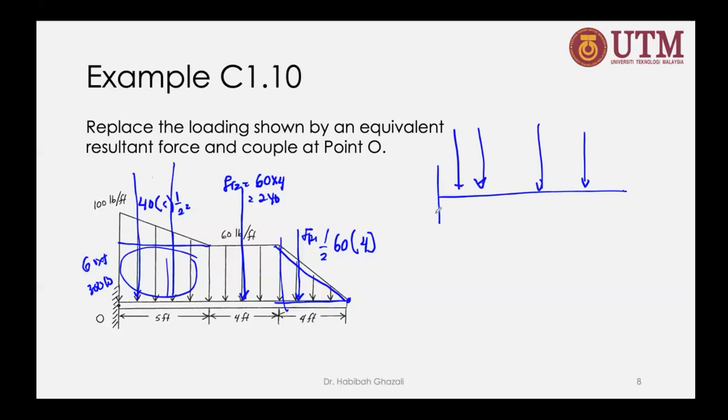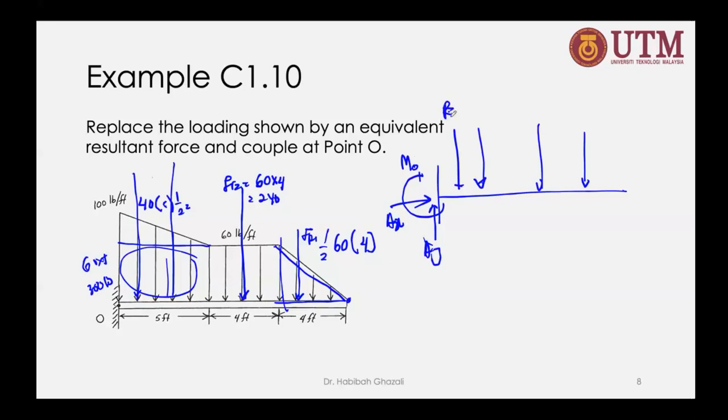And then you can start doing your analysis, static equilibrium. You have a fixed support. I was about to say fixed deposit. I'm thinking about money. All right, so you have Ay, Ax, and then you have MO. A fixed support is going to resist all motion.